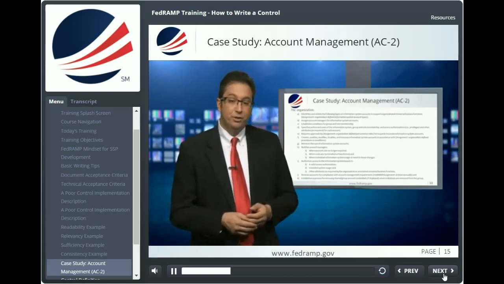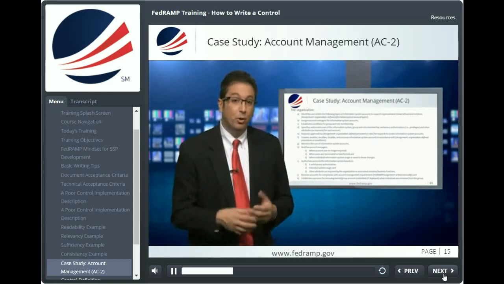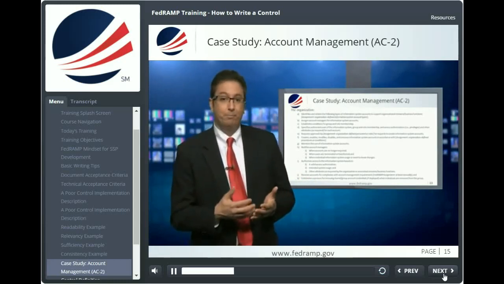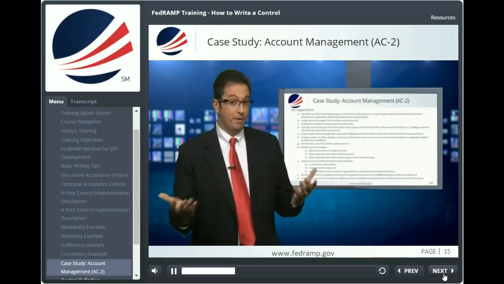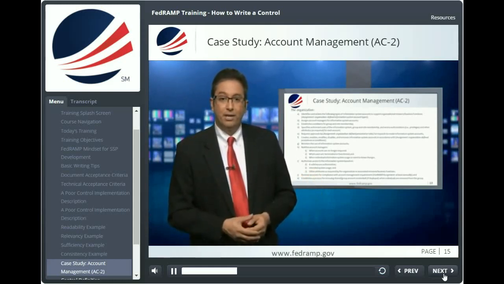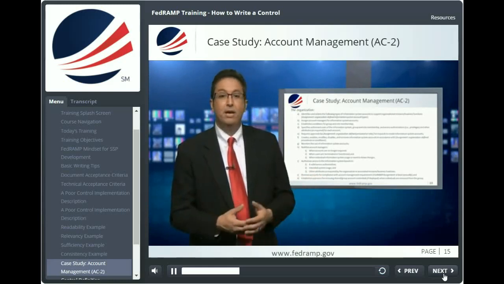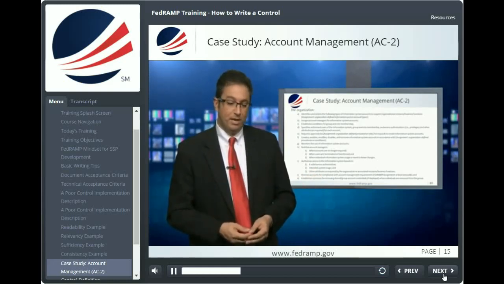Now, organizations may choose from time to time to define access privileges or other attributes by account, by type of account, or a combination of both. It depends. Other attributes required for authorizing access include restrictions on time of day, day of week, and point of origin.